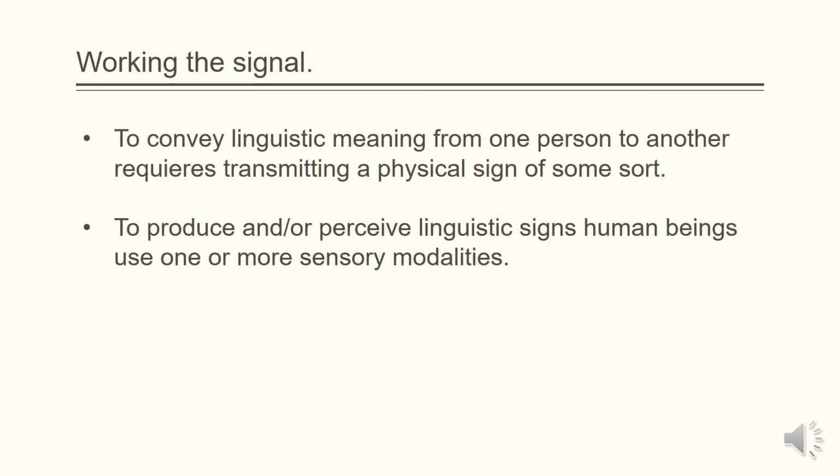To deal with the signal. In order to convey a linguistic meaning from one person to another, we need to transmit a physical sign of some sort. This means that producing and perceiving signals use one or more sensory modalities. That is, we need to perceive and to produce language in order to understand it.